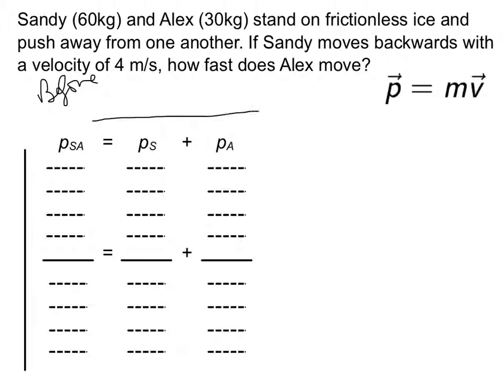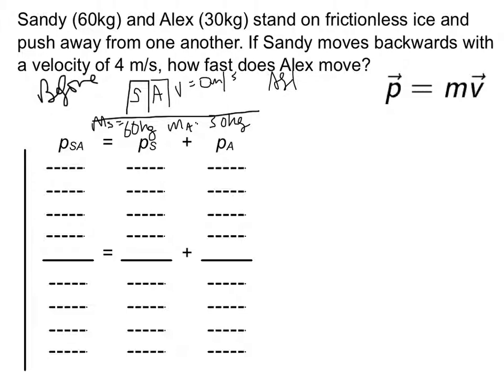Before, and I draw my people as rectangles because rectangles are easier to draw. Here is Sandy, right next to Alex. So the mass of Sandy is 60 kilograms, and the mass of Alex is 30 kilograms, and their velocity at the beginning is 0 meters per second.